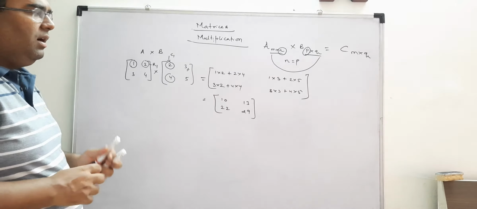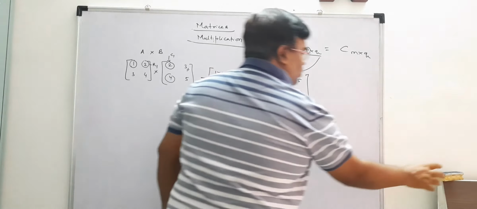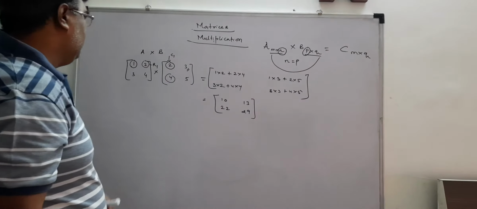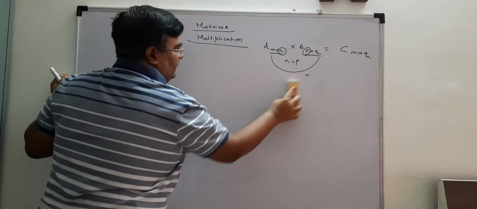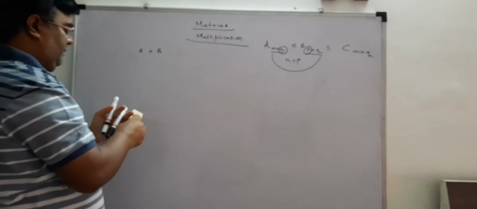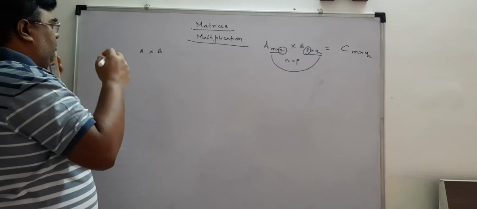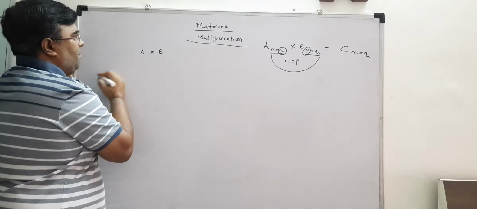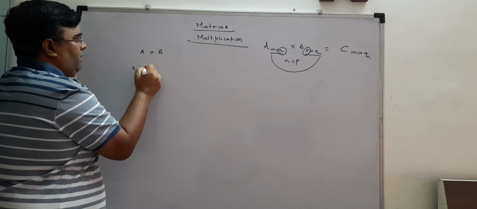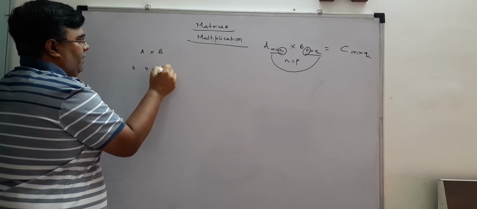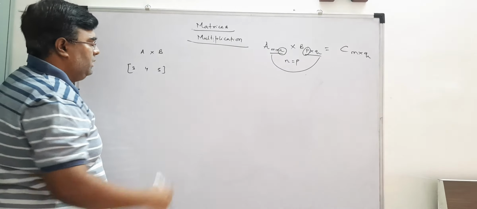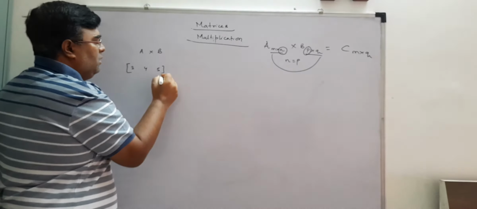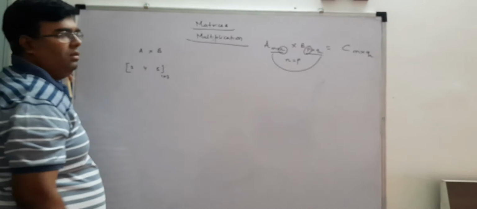Let us take another example where 2 by 2 is not there. Suppose A is my matrix 3, 4, 5, a row matrix. So the order is 1 by 3.